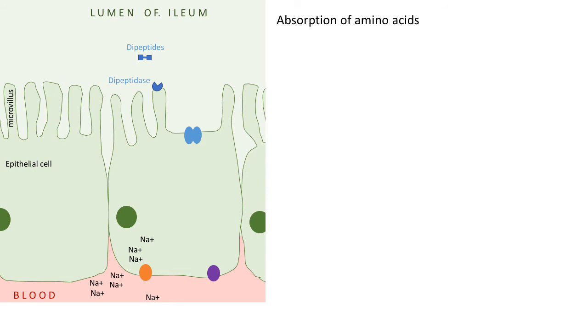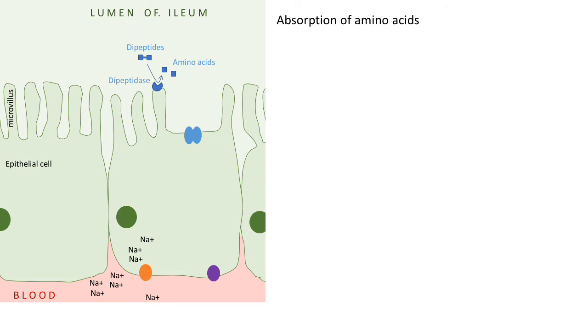Right, now let's look in more detail at the absorption of amino acids. So we've got the epithelial cells in the ileum with the microvilli that increase the surface area for absorption. In our picture, we've got a dipeptide and the dipeptidase, remember it's membrane bound, hydrolyzes the peptide bond to produce amino acids.